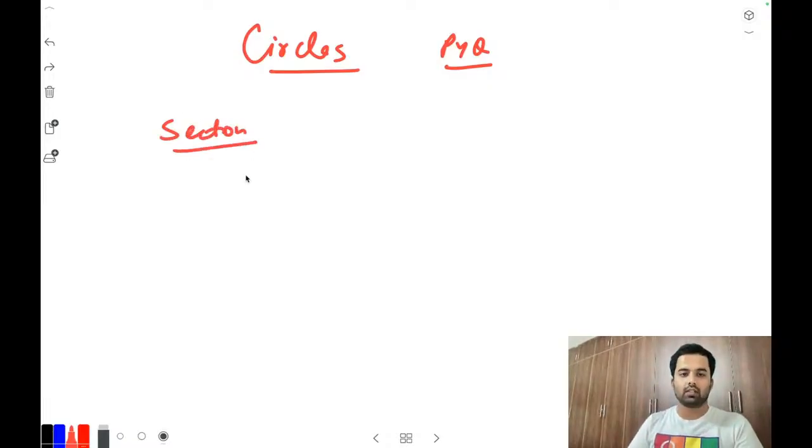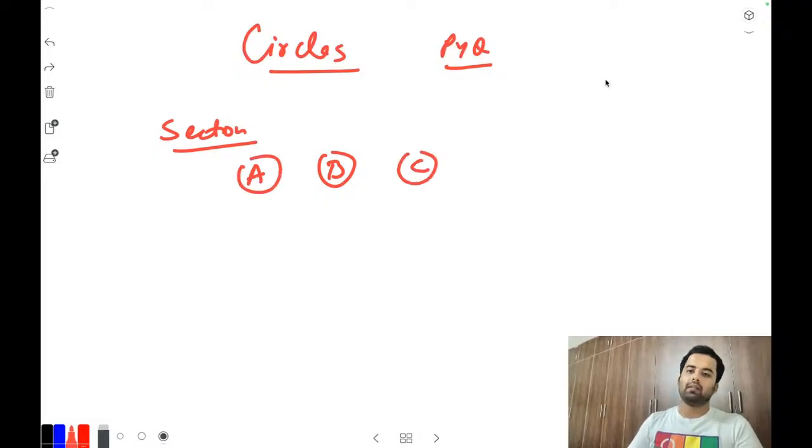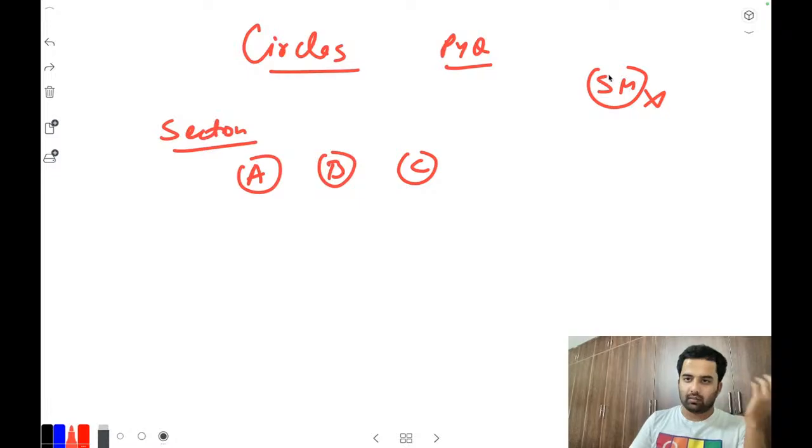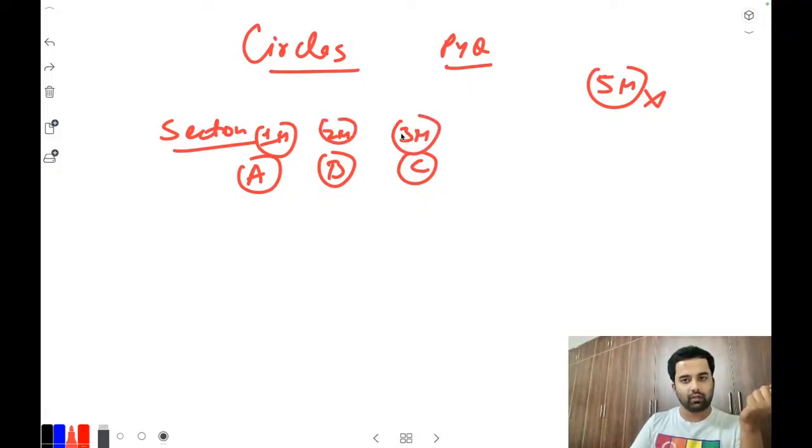We will discuss only sections A, B, C, because 5 marks problems are very major and will not come in this session. We'll discuss 1 mark, 2 marks, and 3 marks questions, at least 3 questions each, so 9 questions for today.